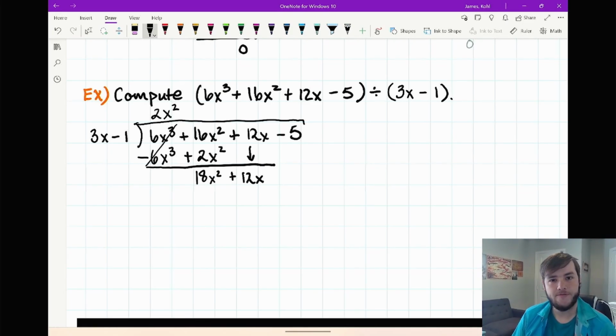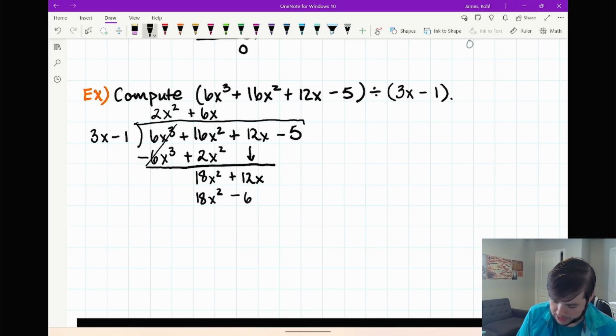From here, I see that 6x copies fit into 18x squared, because 6x times 3x is exactly 18x squared. And then, of course, I'll have an extra minus 6x, and I subtract everything off.